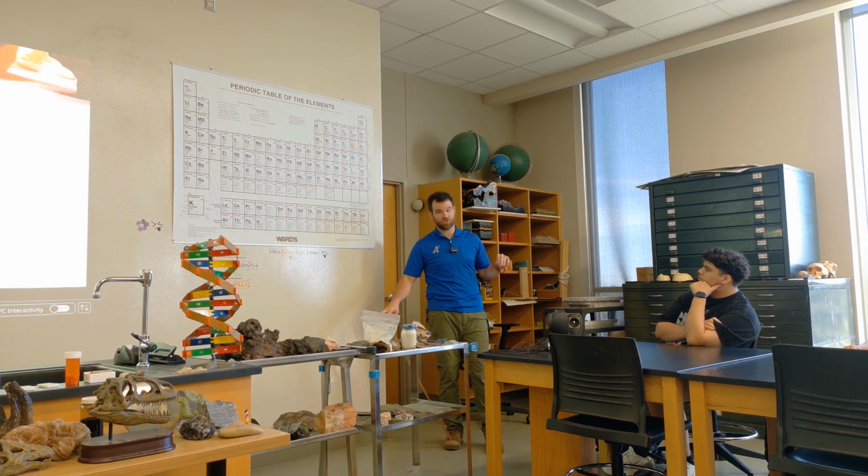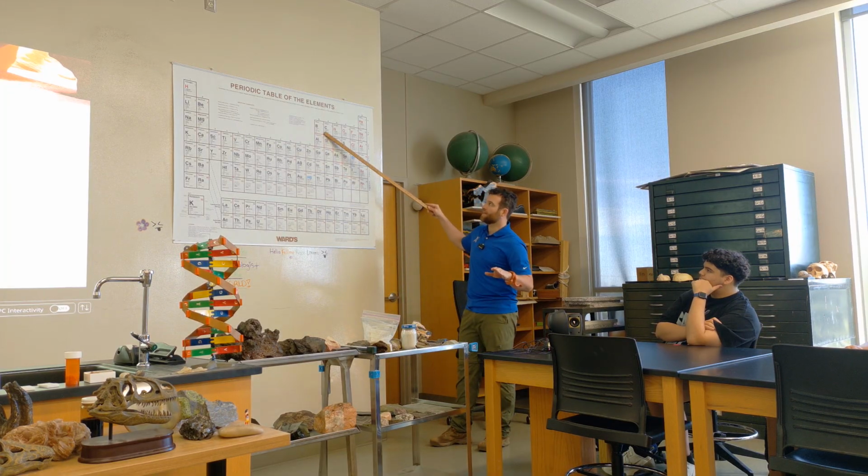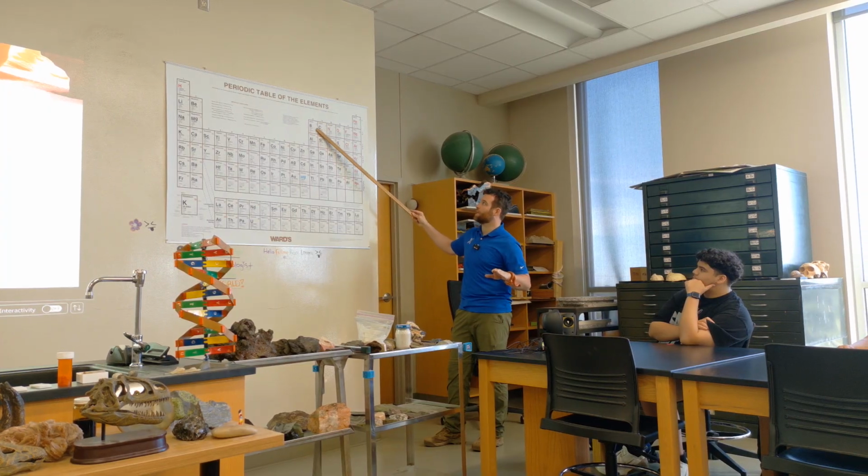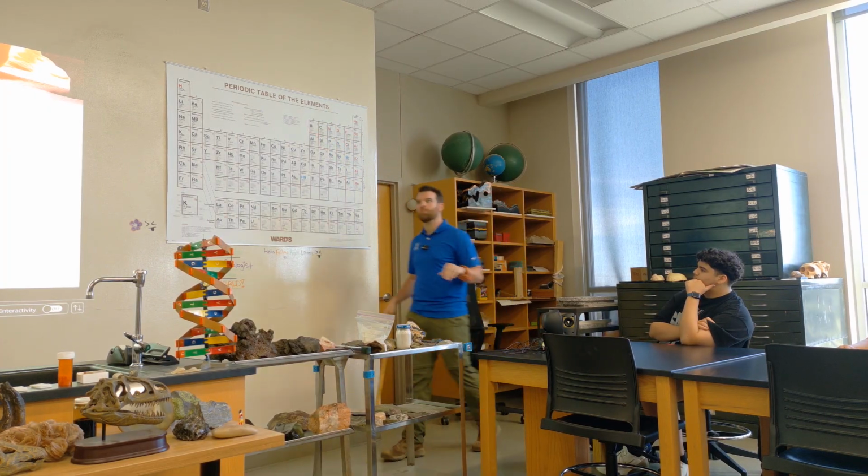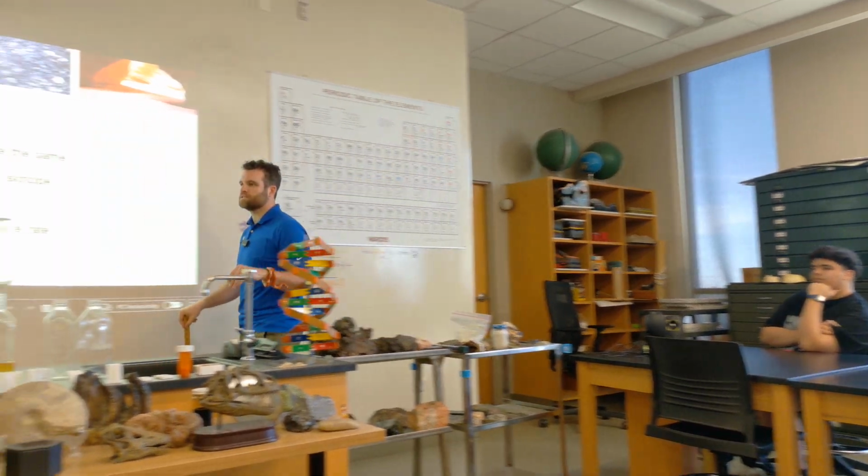If its total mass is 12, and 6 of those 12 are protons, then how many of those must be neutrons? 6. 6 plus 6 is 12, right? Total mass 12, 6 of it are protons, 6 must be neutrons. That's what our normal plain Jane carbon looks like. We call it carbon-12 when we're discussing isotopes.